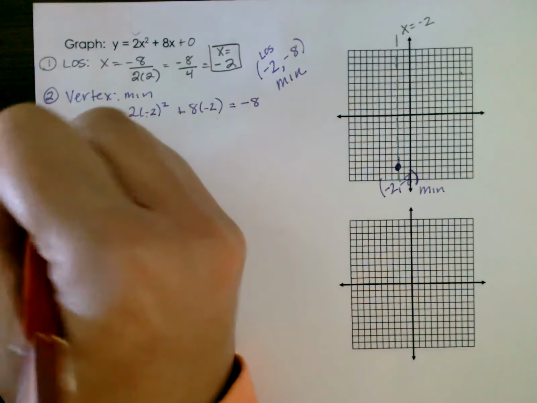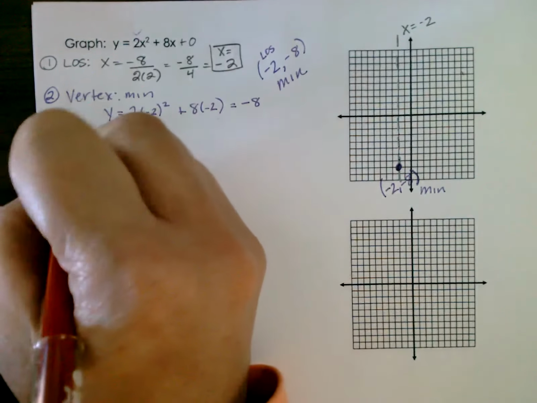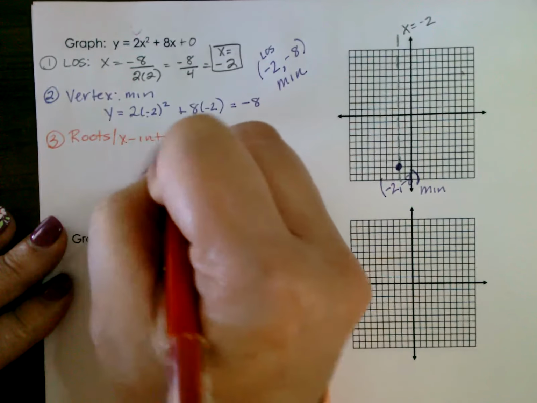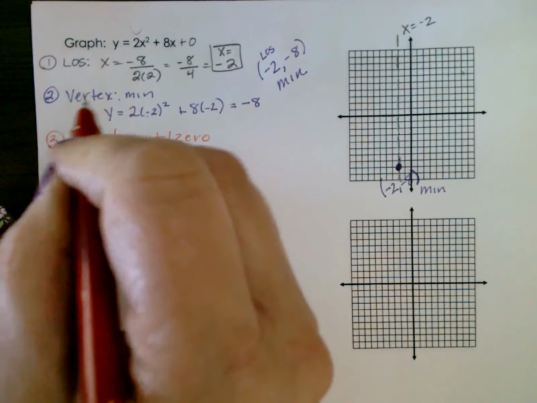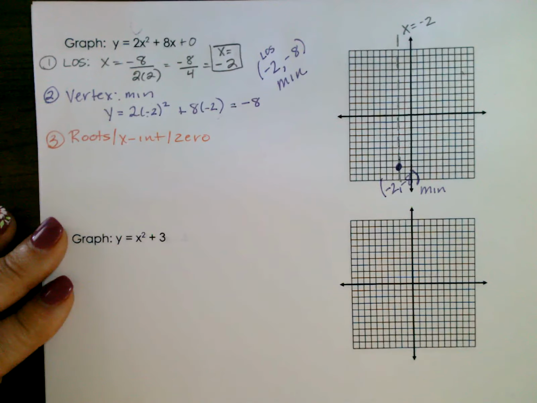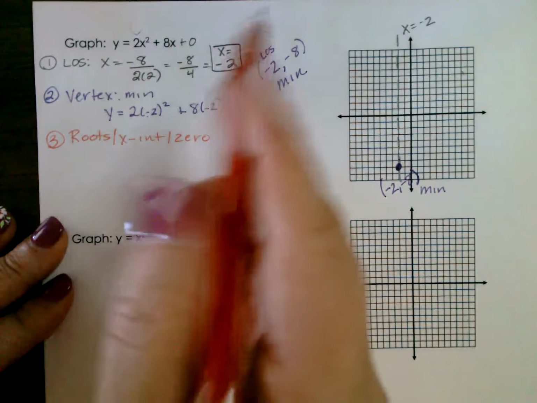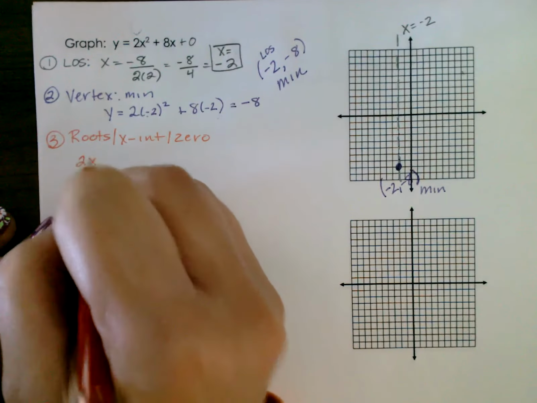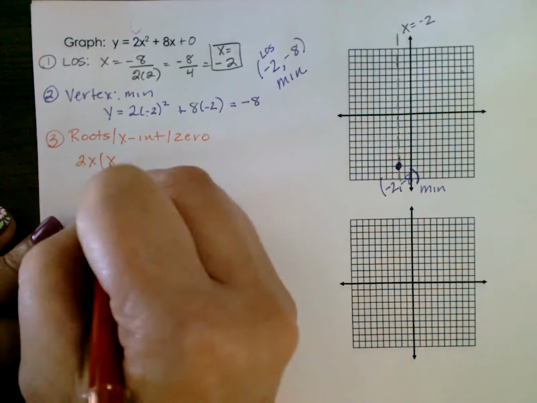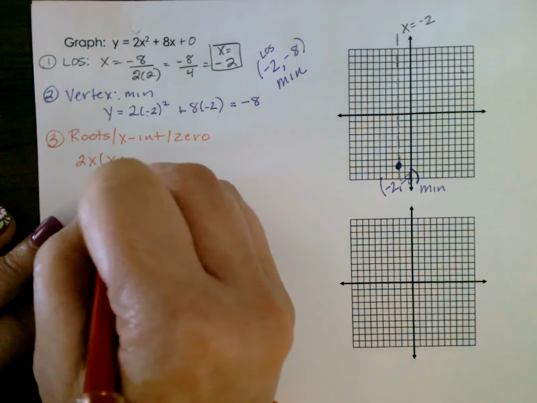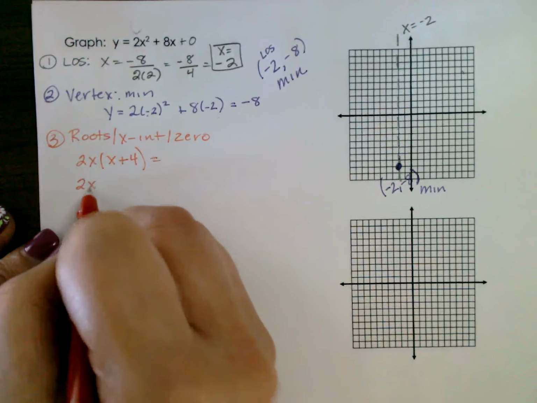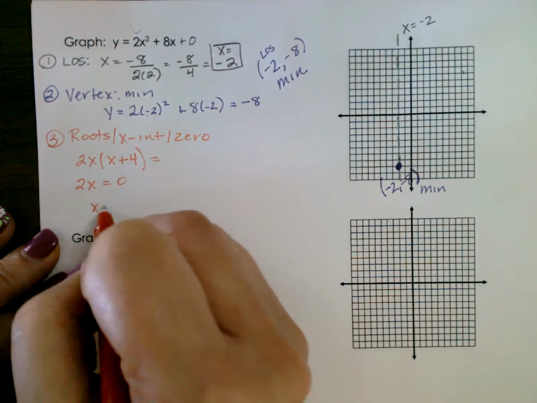Now we will move on to our roots, known as the x-intercepts, the zeros. Oh, this is just a binomial. So I'm going to look for the greatest common factor, which is 2x. If I distribute backwards, I would need x plus 4 to get back to 2x squared plus 8x. All right, we'll just set each term equal to 0.